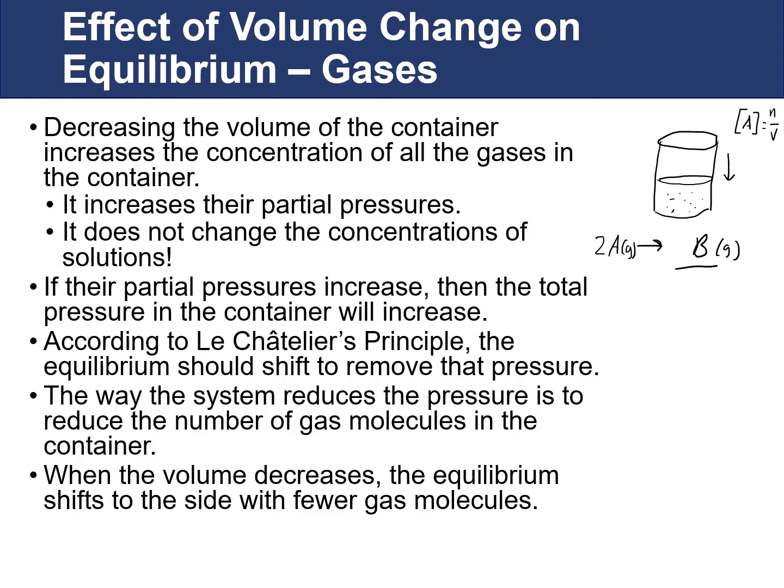So when we decrease the volume, the reaction will move in such a way to use up less volume. So it will move to the side that has less moles of gas. So by decreasing the volume, the reaction will produce more of our product, B in this case.